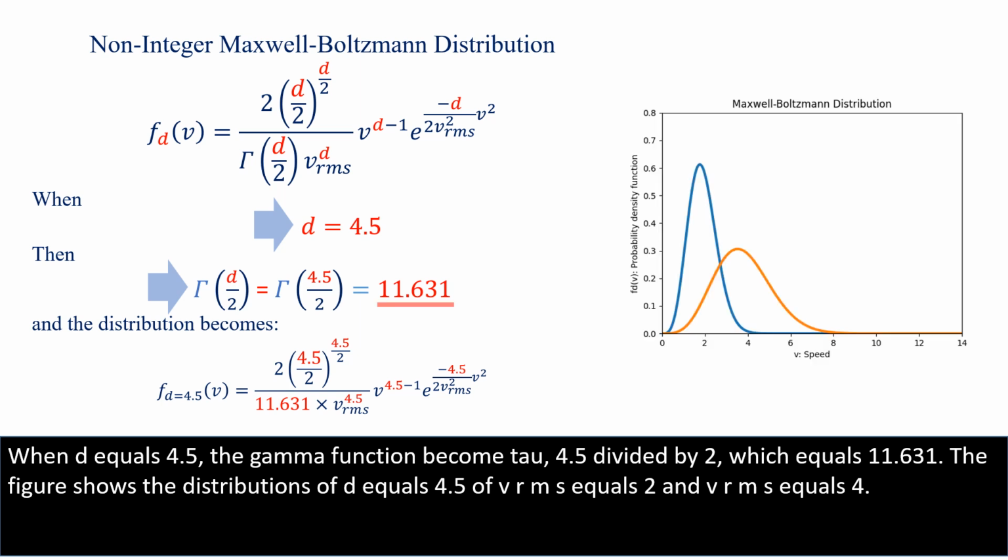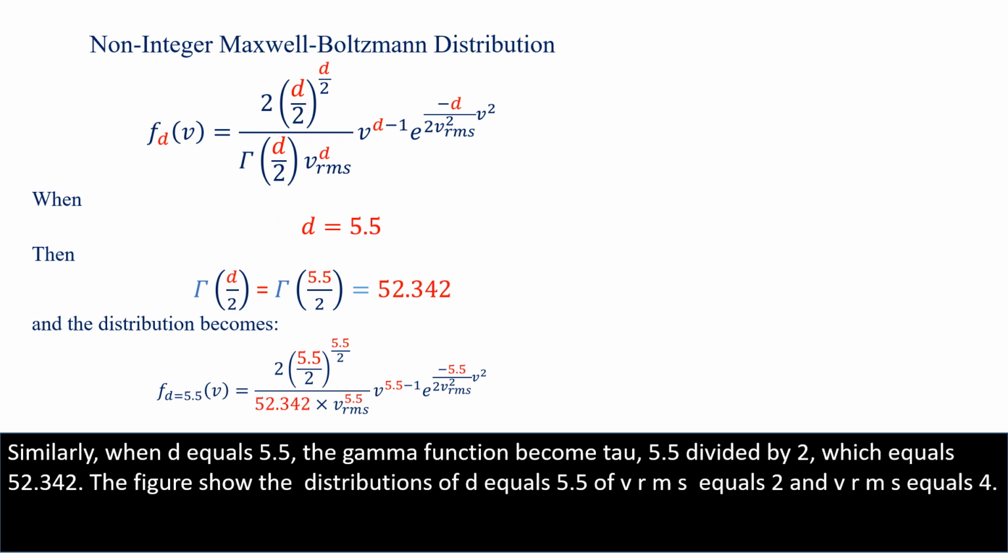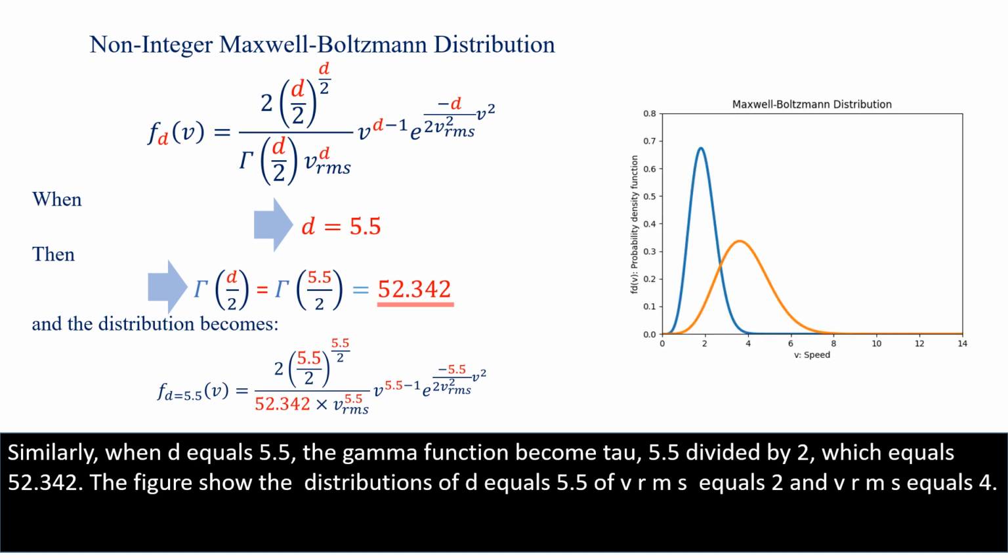The figure shows the distributions of d equals 4.5 for VRMS equals 2 and VRMS equals 4. Similarly, when d equals 5.5, the gamma function becomes Γ(5.5/2), which equals 52.342. The figures show the distributions of d equals 5.5 for VRMS equals 2 and VRMS equals 4.